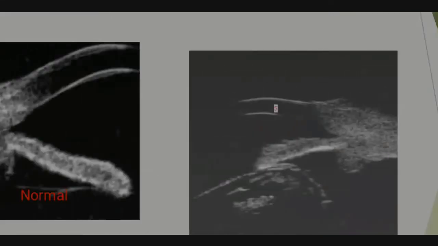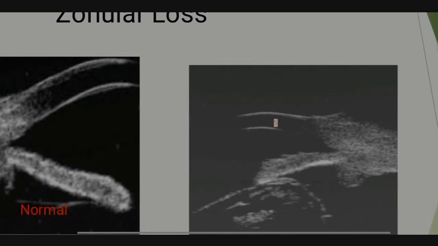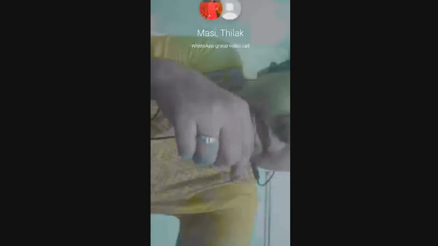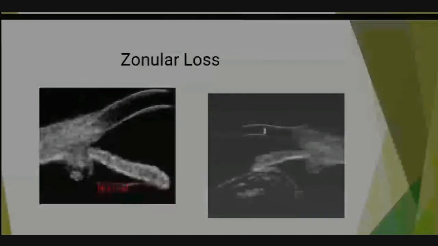In cases of trauma, we can see it on the slit lamp, right? Or in cases of subluxation, in some cases we cannot identify which clock hour, which side the lens is subluxated.